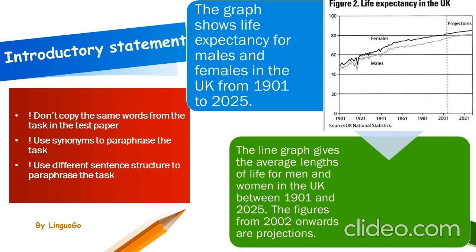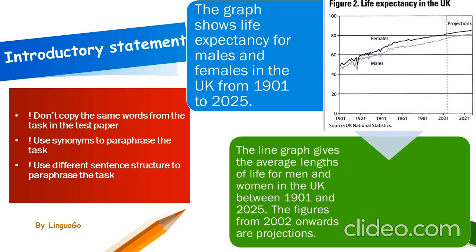So here is the task, for example. The graph shows life expectancy for males and females in the UK from 1902 to 2025. This is the task given. Now, when you start writing, try to restate, paraphrase the same task in your paragraph 1.